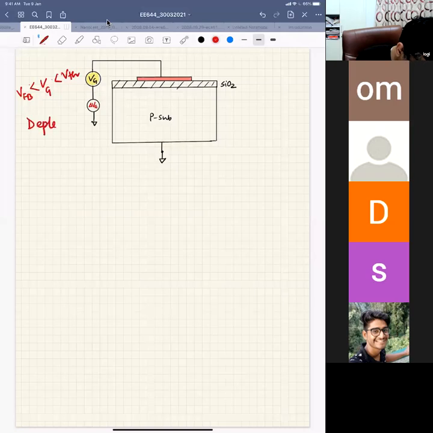So depletion, what do you mean by depletion here? Depletion means we have positively charged holes here, and negatively charged acceptors here, right? And your Q silicon, in this case, is nothing but your depletion charge.